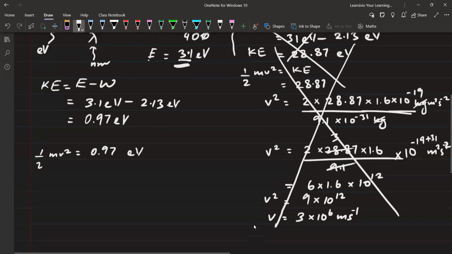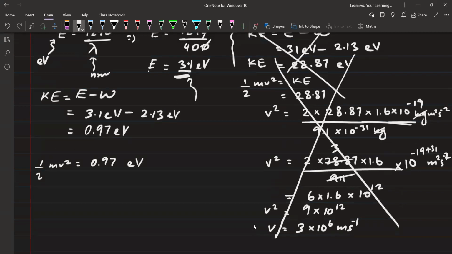So एक बात देखिए, this is 3.1 only ना, Alina? हाँ sir. And kinetic energy is 0.97 electron volts. Sorry. Kinetic energy is 0.97 electron volts. Yes or no? 0.97.